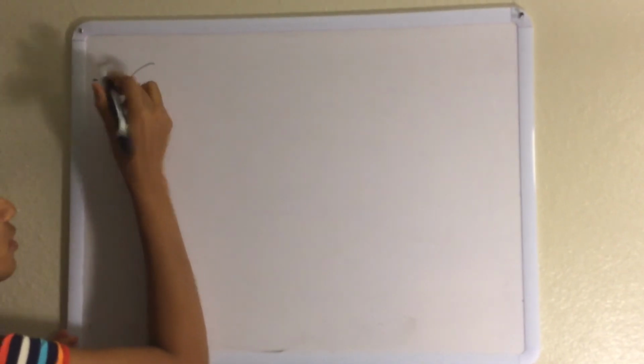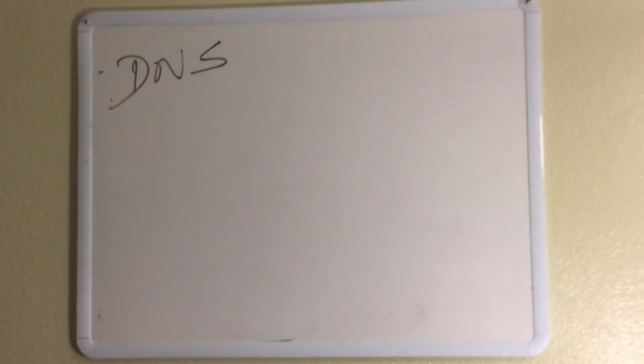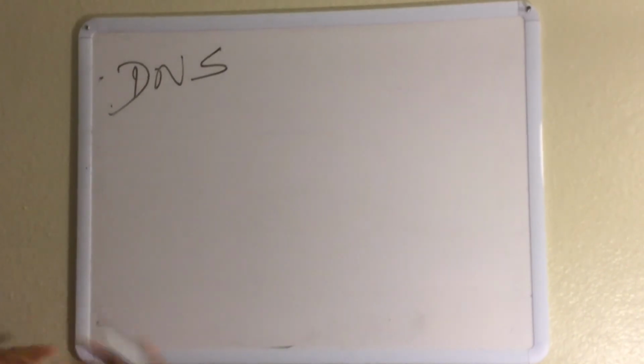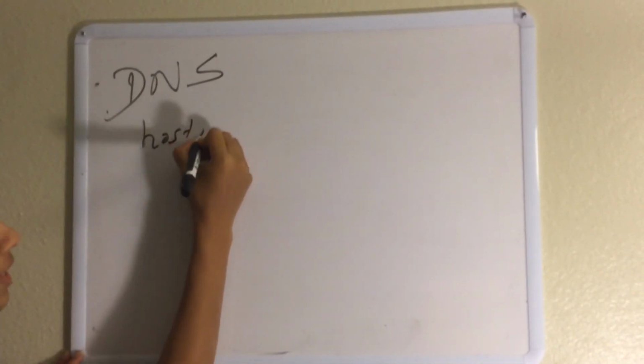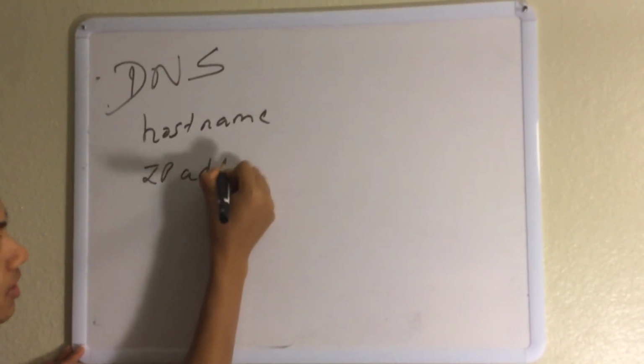Hi, I'll now talk about the Domain Name Service, that is, DNS. This is generally an internet directory service. Basically, we identify any address by its host name or an IP address.